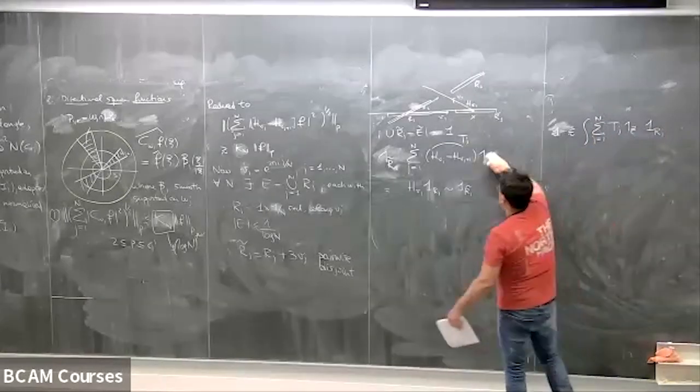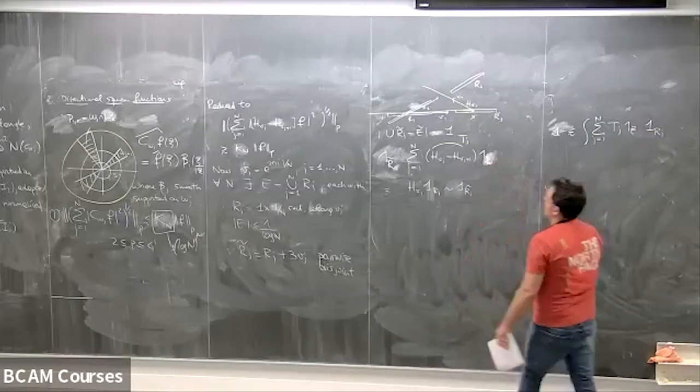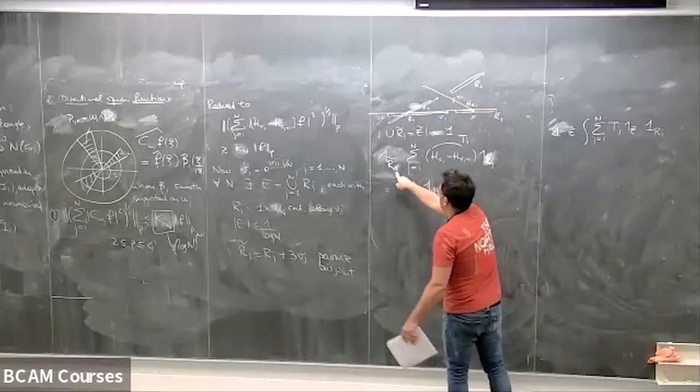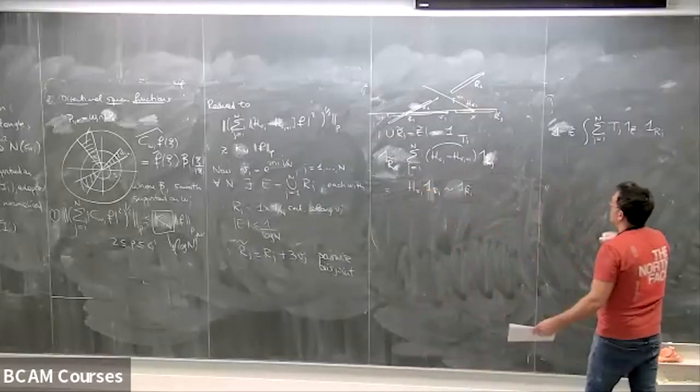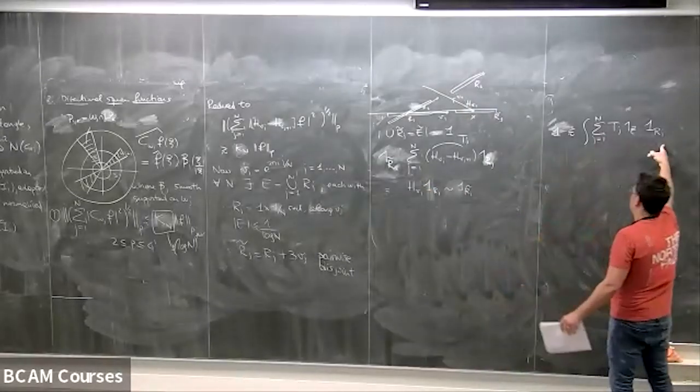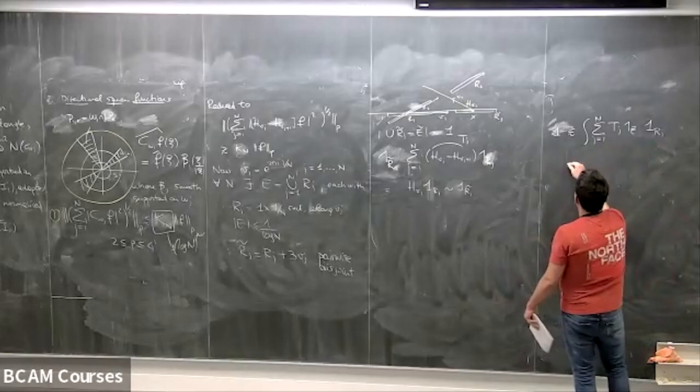Because what you need is this estimate. And if you have that, you create 1 e tilde using this sum, and then this is not difficult. So we don't need to redo all of it.